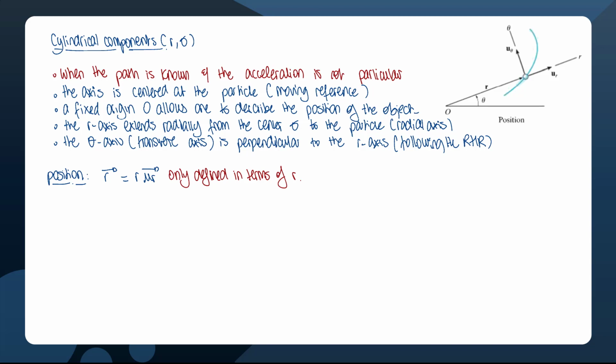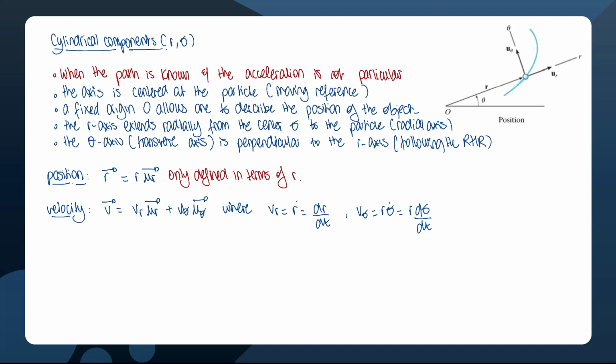Now concerning the velocity, it is equal to Vr ur plus V theta u theta, where Vr is equal to r dot, which is dr over dt, while V theta is equal to r theta dot, equal to r d theta over dt.